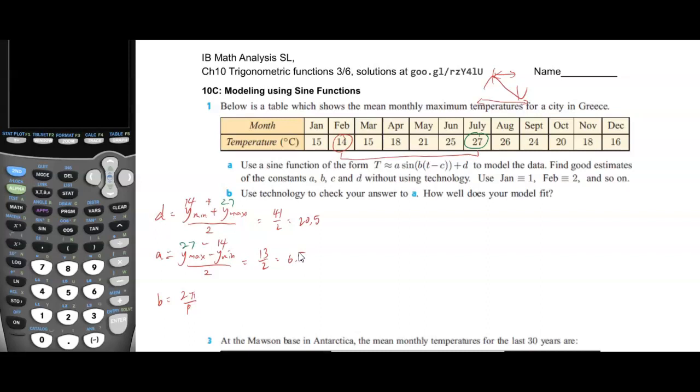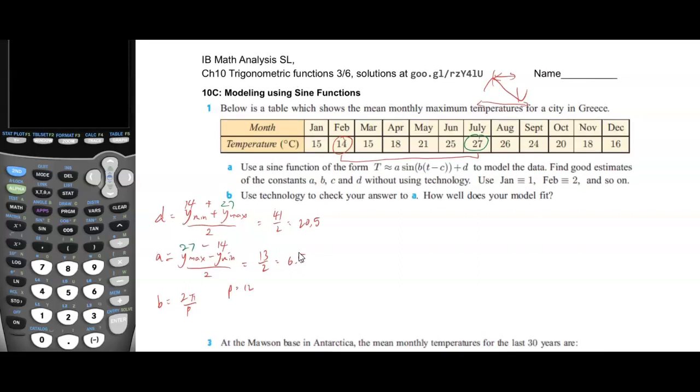There's 5 months between February and July. The other way you could do it is this is a year-long cycle. So if it's a year-long cycle, that means the period is 12. If the period is 12, then B is equal to 2 pi over 12. So that would be pi over 6. B is pi over 6.